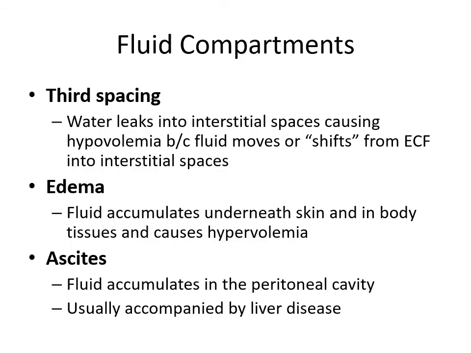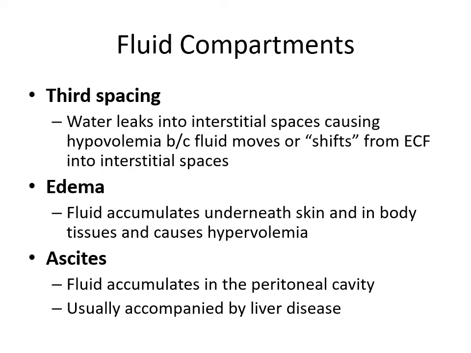So some things to consider with these different compartments is what's known as third spacing. Water will leak into the interstitial spaces, causing hypovolemia, because the fluid shifts from extracellular fluid into the interstitial space. So you're going to have a low volume of blood because the fluid is now in the wrong compartment.